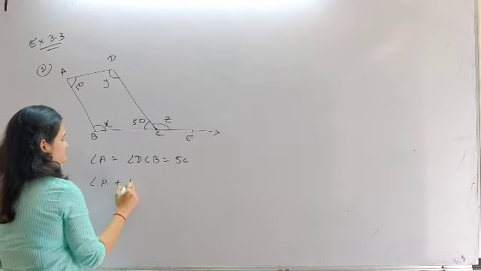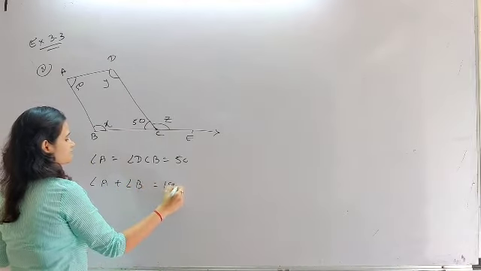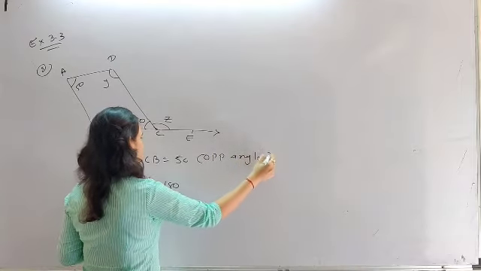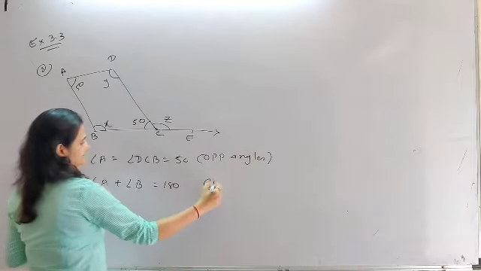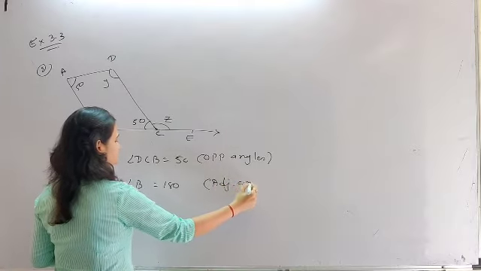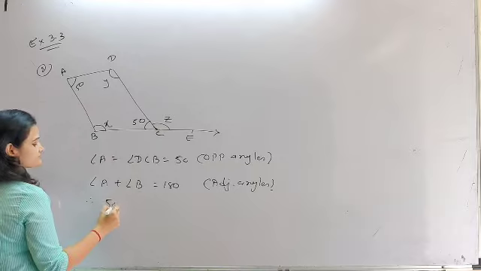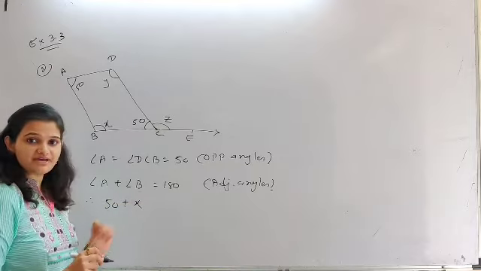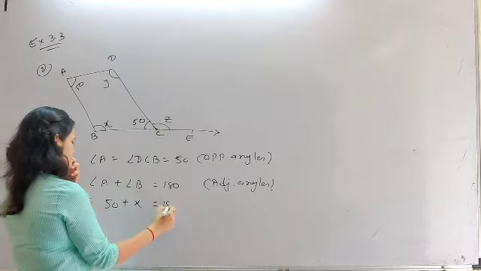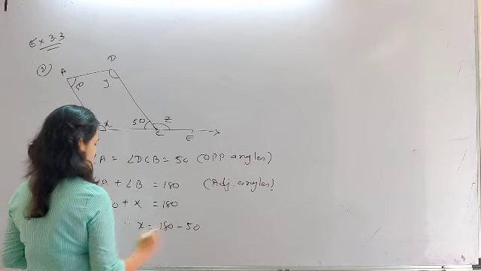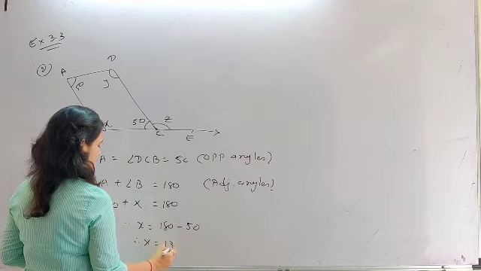Similarly, angle A plus angle B is equal to 180. They are adjacent angles. So angle A is equal to 50, angle B is equal to x, which is equal to 180. So x will be 180 minus 50. So x is equal to 130.